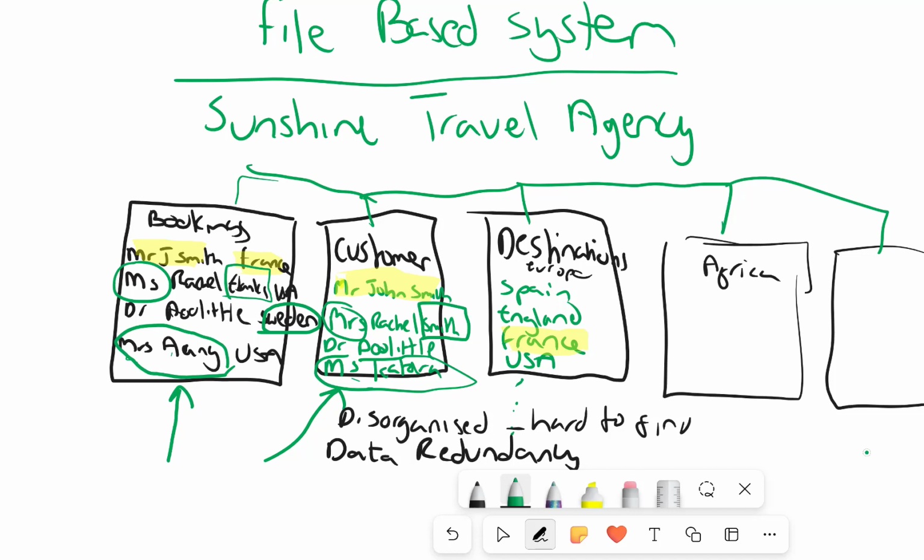So data redundancy, and I'll give you some definitions in a bit, is simply where our data is inaccurate, it's appearing in multiple places, and changes are having to be done manually, but are leading to mistakes.